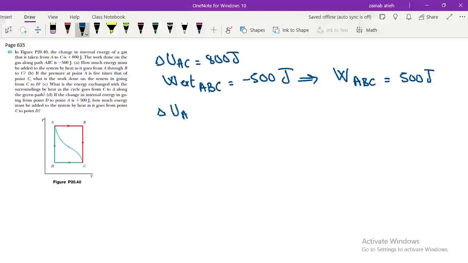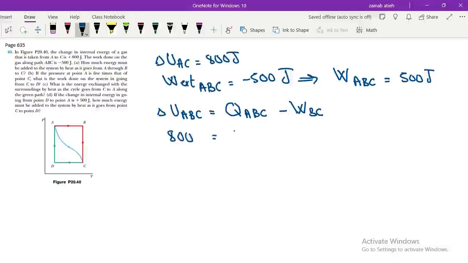Delta U along the path ABC is equal to Q along the path ABC minus the work along the path ABC. For delta U along the path ABC, I only care about the initial and final points, since it's final minus initial, so it's the same as delta U AC, which is 800.